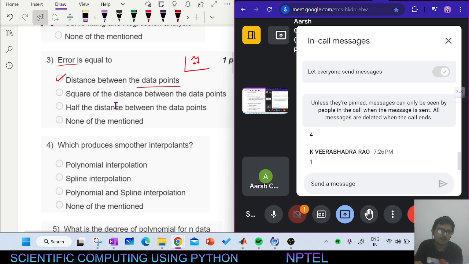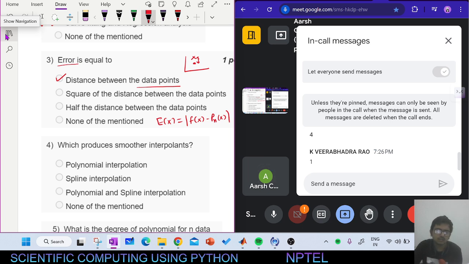Square also, and half distance, but it's not fully correct. But in the error formula, we have a square, but we are taking the RMS value. No, no, we are not. We saw, right? In the formula, it's just the mod of f of x minus Pn of x. So where is RMS in this?